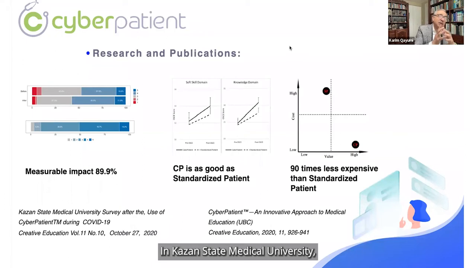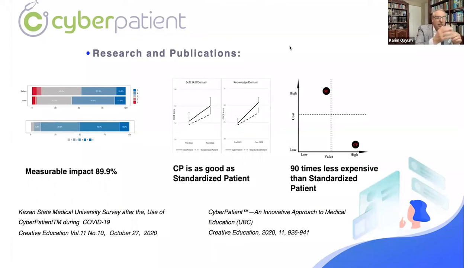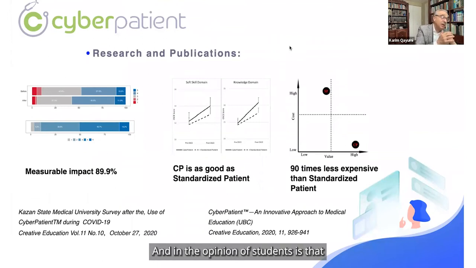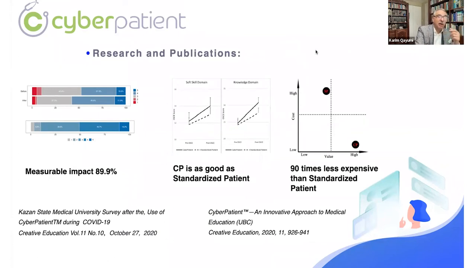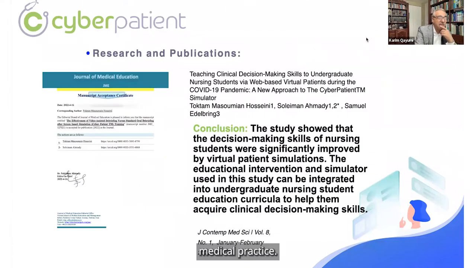In Kazan State Medical University, they did an assessment of students after using CyberPatient, and in the opinion of students it has a measurable, close to 90% impact on their medical practice.